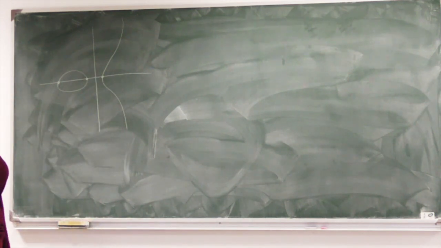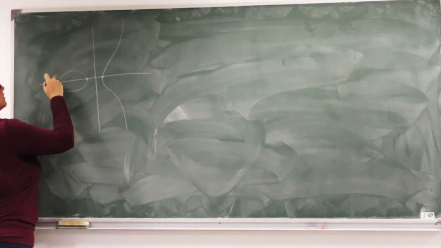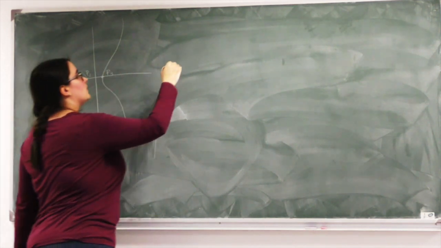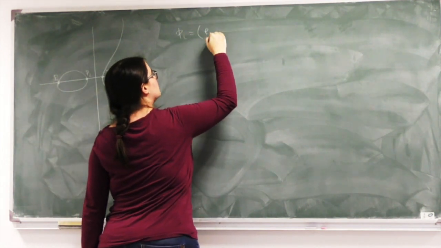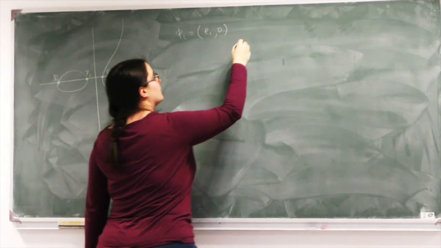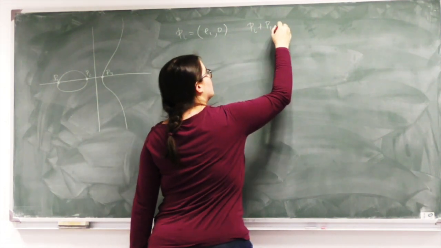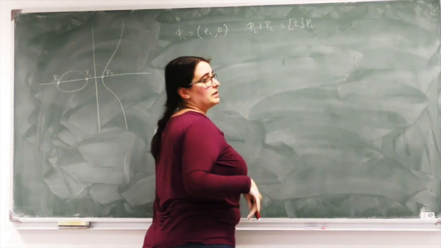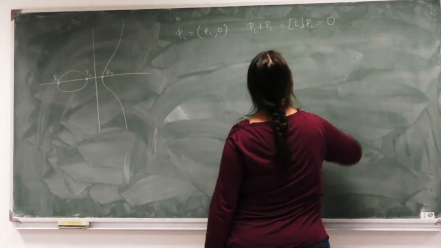What do I mean by saying that these are 2 torsion points? I mean that if I write pi to be the point (ei, 0), then pi plus pi, or what we would write with elliptic curve notation 2pi, is just the point at infinity.